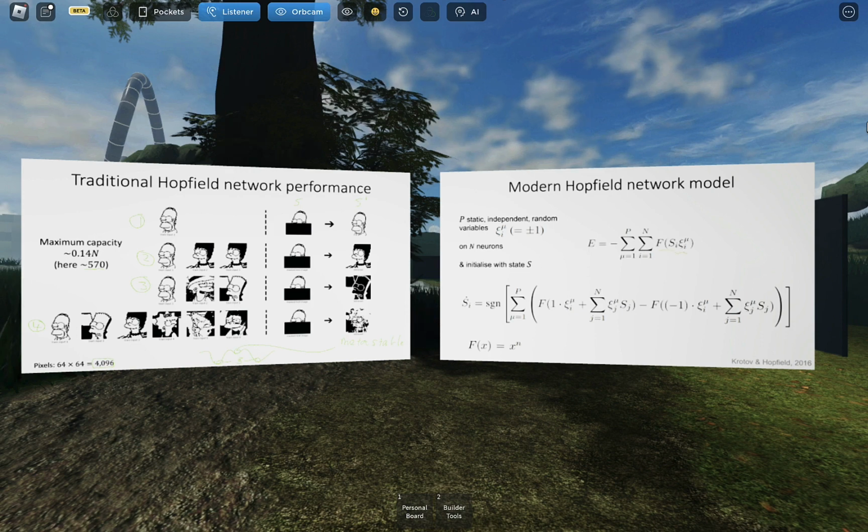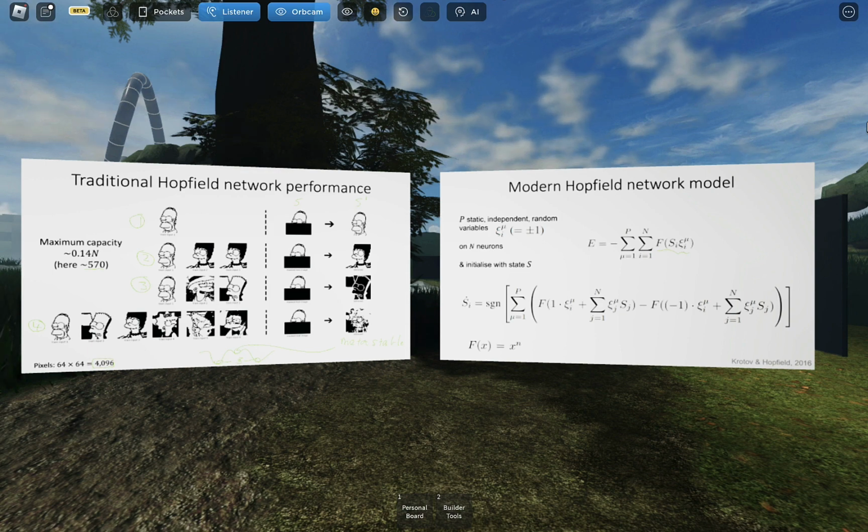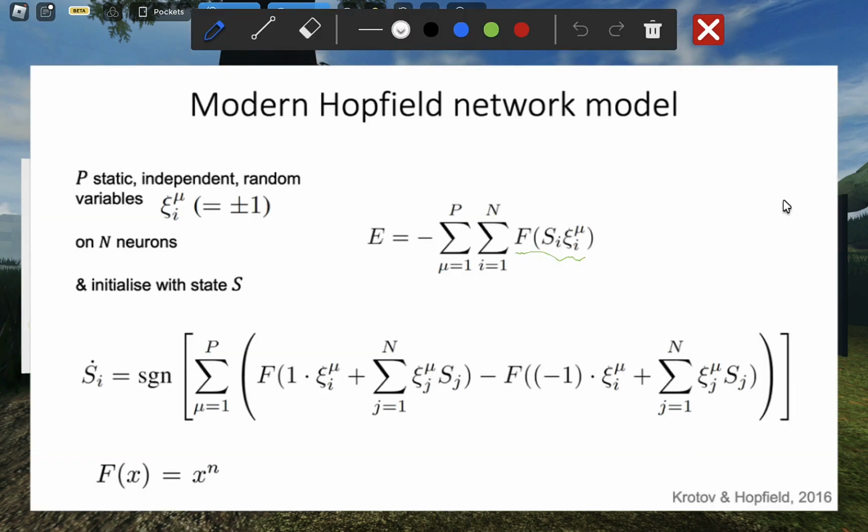Essentially they use this function f to do something special, and in this case you could just use a polynomial kind of function.